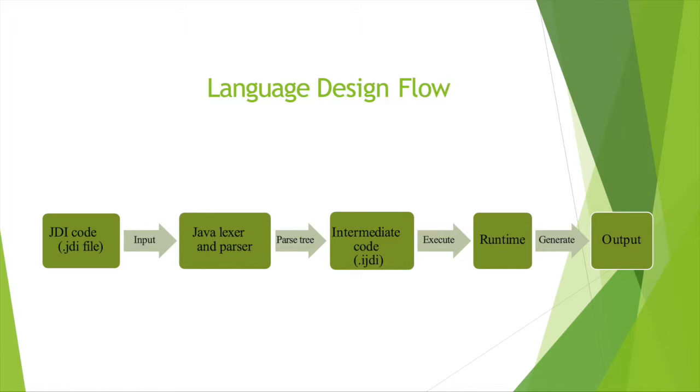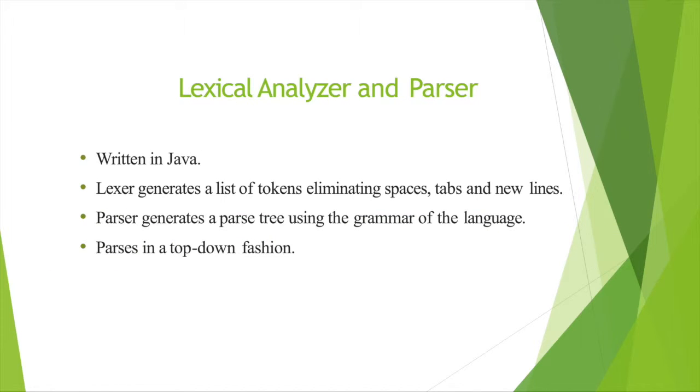It generates the .igdi file, and then it is executed in the runtime, which generates the output. We have used Antlr and Java to build this language, and we are using a top-down parser to generate the parse tree.